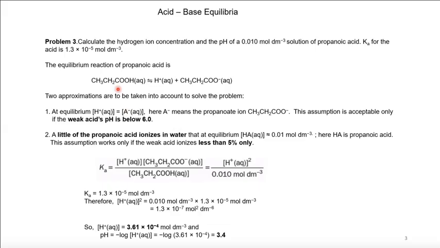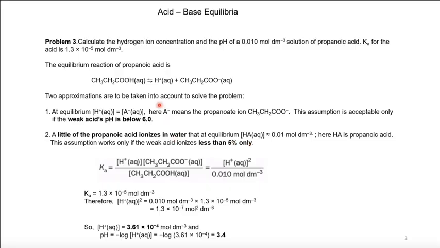In this problem, we have to take two assumptions. First, a weak acid must have a pH below 6. We have to remember this. Second, only a little of the propanoic acid ionizes in water; for the weak acid we are talking about, the ionization should be less than 5%.